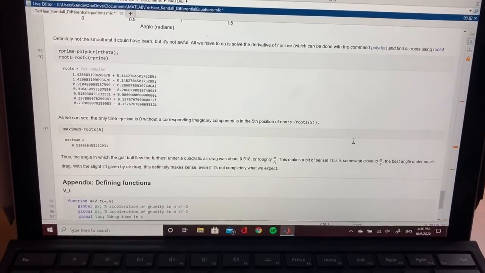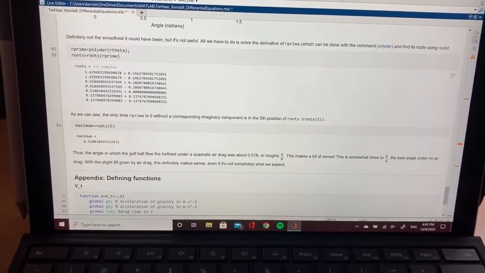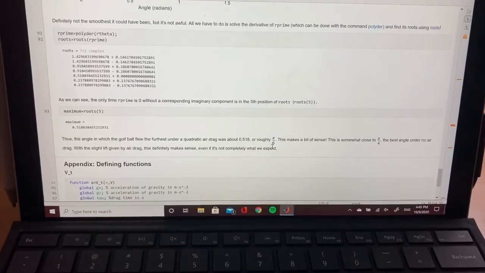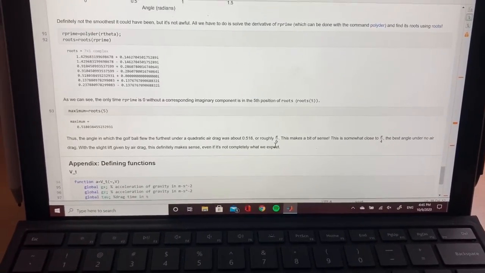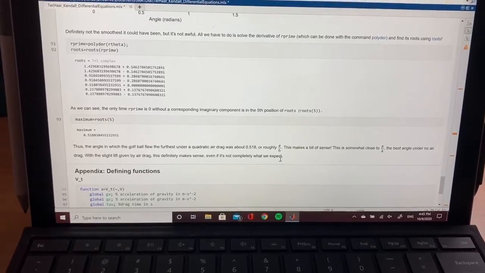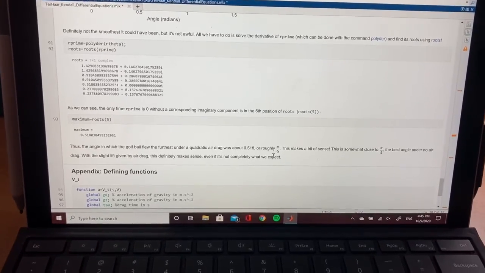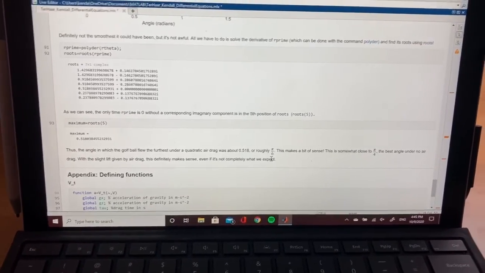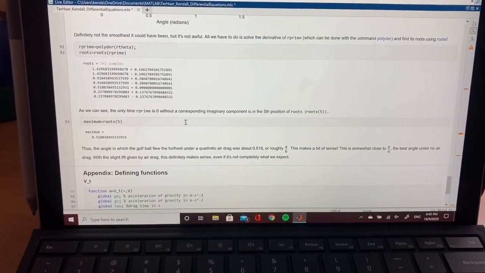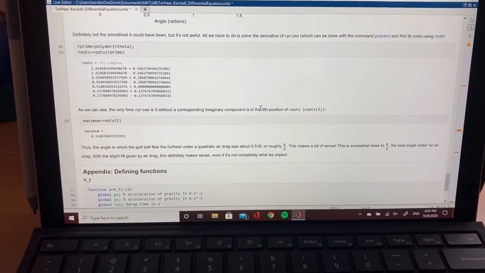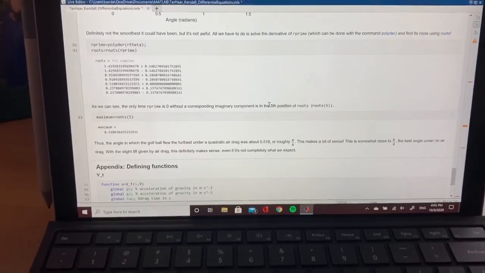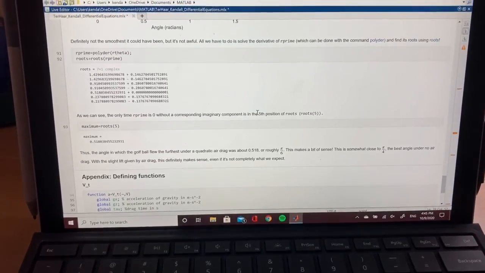That gets the farthest. In this case, it's about pi over 6. Know that 45 degrees in radians is pi over 4. Pi over 6 is quite a bit less than that. So throwing it under 45 degrees is actually the best way to get this far with this squared relationship. All right, that's all I've got for you.